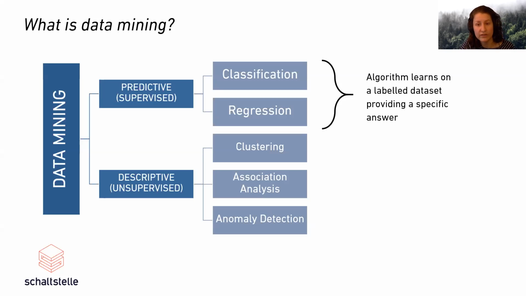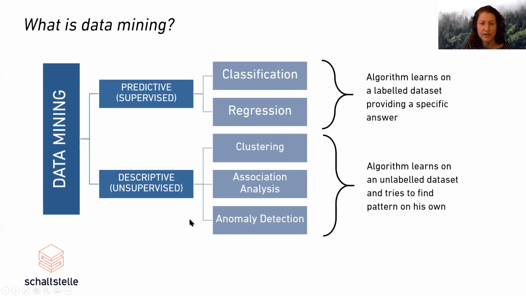Like in our example, we have a labeled data set of the skiing data where we know exactly what data is provided to our regression model. With unsupervised learning, the algorithm learns on an unlabeled data set and tries to find patterns in the data on its own. This is the case with clustering, for example, association analysis and anomaly detection.